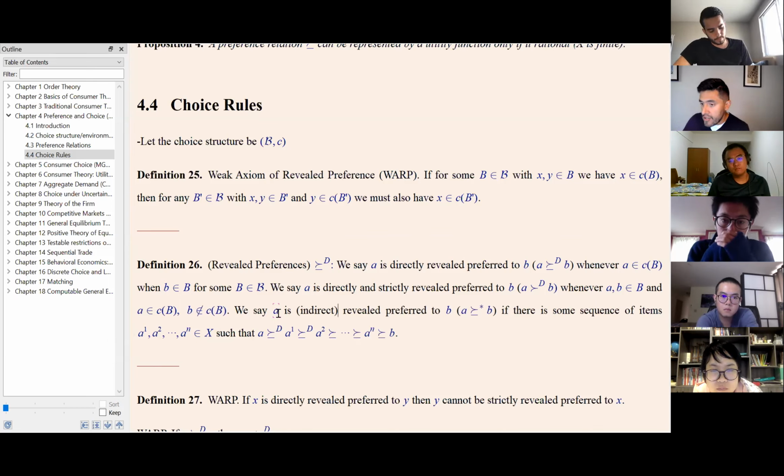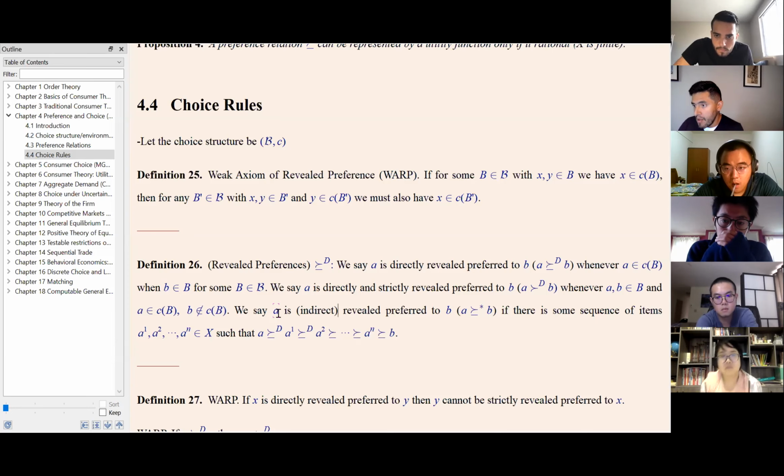But this final relation, we say A is indirectly (in parentheses) revealed preferred to B, with a star, whenever there is a sequence of items in the choice set, A1, A2, up to AN, such that A is directly preferred to A1, A1 to A2, A2 to ... AN, and AN is directly preferred to B, okay? So this is a cool inference that is deeper than the initial one by Samuelson, right? This is an indirect inference.